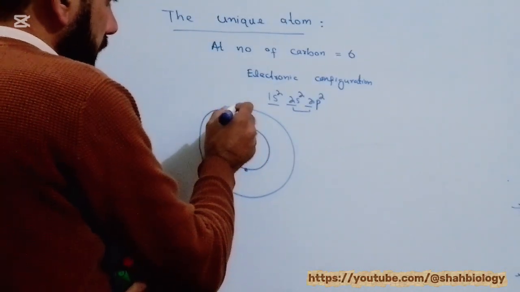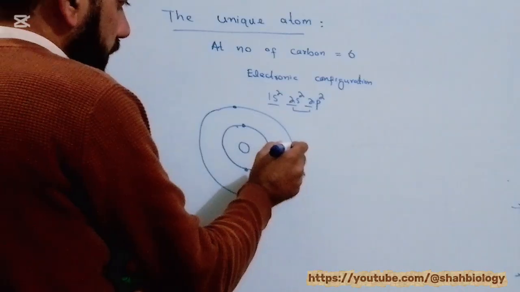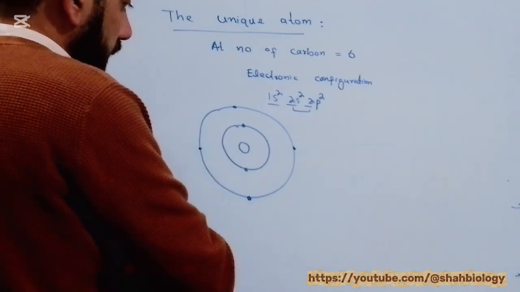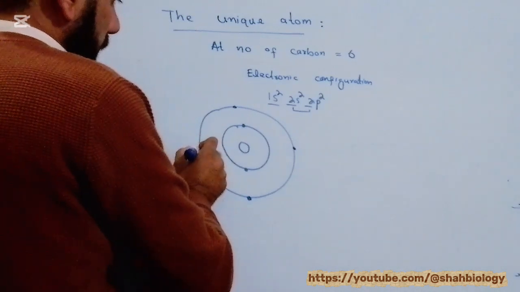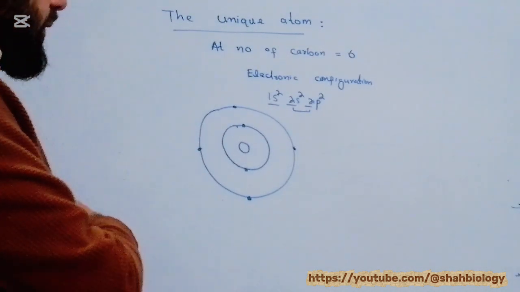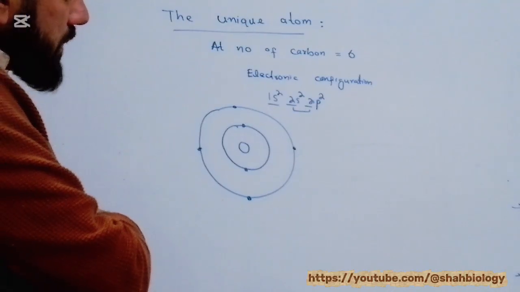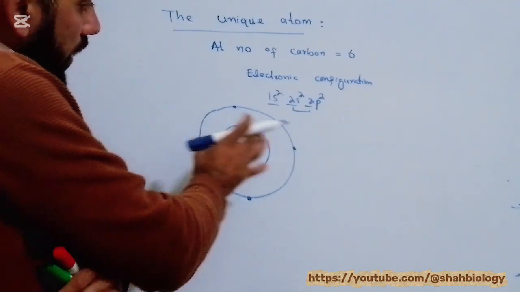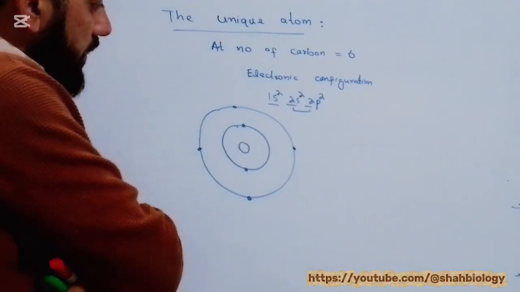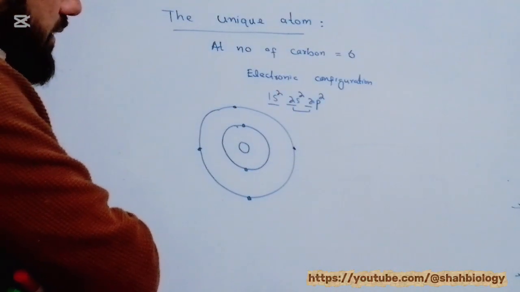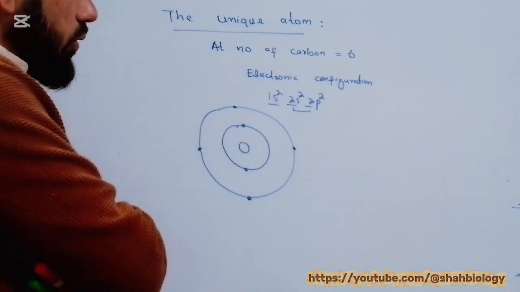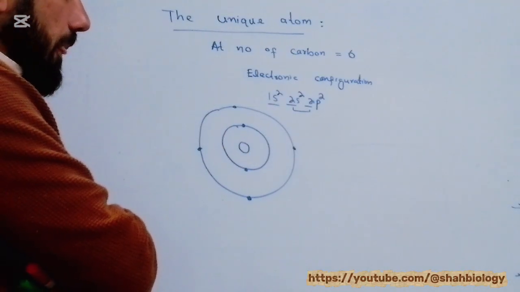The remaining four electrons are present in its outermost shell. So the carbon atom must get 8 electrons in its outermost shell to become stable.